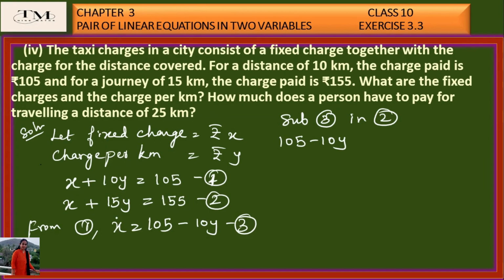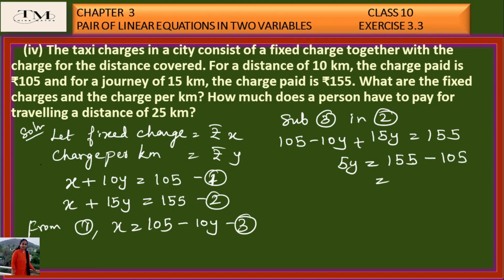So instead of X, we are substituting the balance, that is plus 15Y, which is equal to 155. So I missed this 15Y, I'm sorry. So here minus 10Y plus 15Y is 5Y, which is equal to 155 plus 105 will become minus 105.